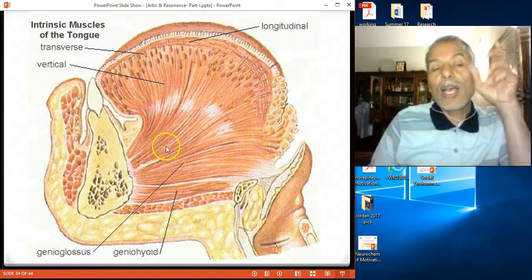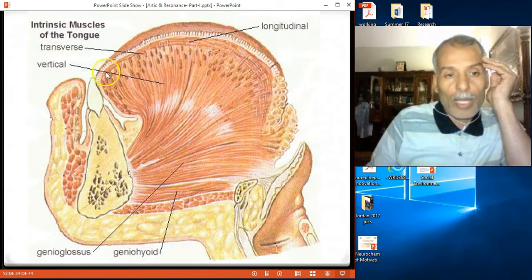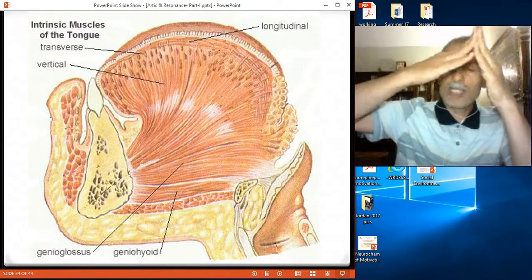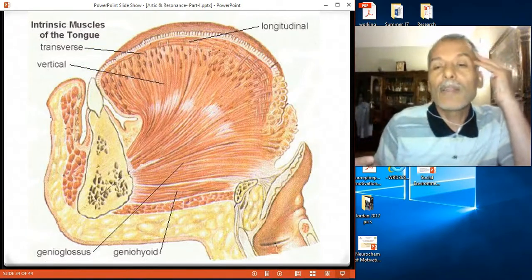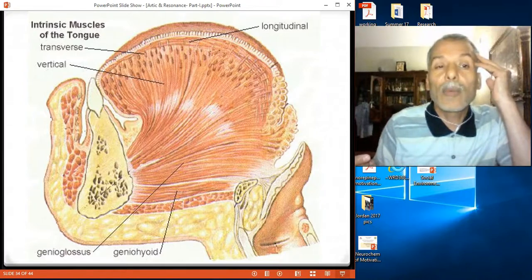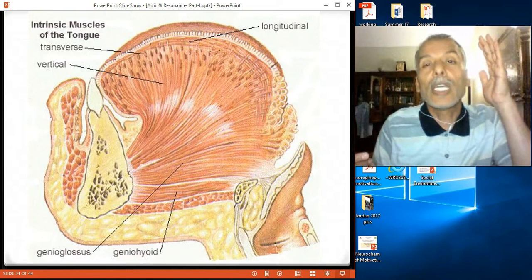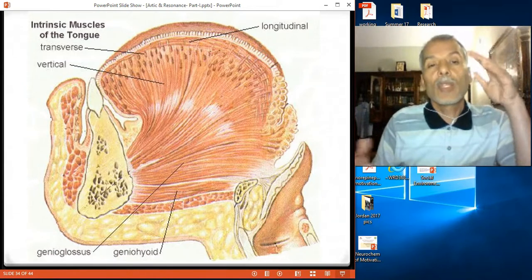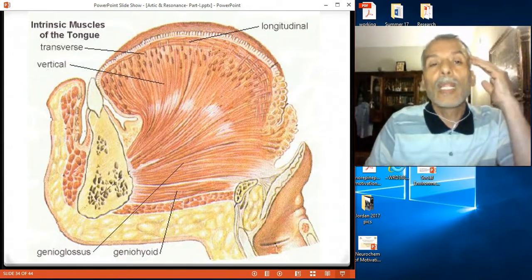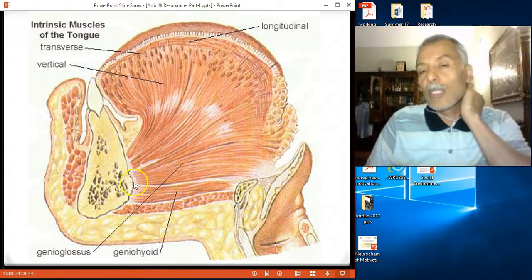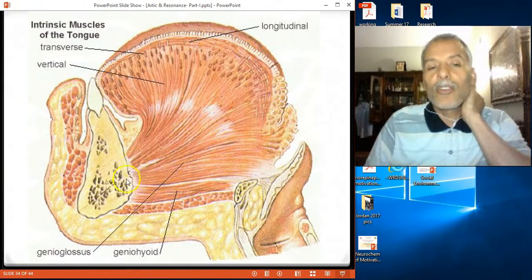When it contracts, it is going to elevate the tongue tip, and it will enable you to press the tongue tip against the alveolar ridge. So that is the muscle that enables you to make all alveolar sounds: t, d, s, z, and l. All these sounds, again, are possible by the, I didn't even say the name. All right, you figure it out.